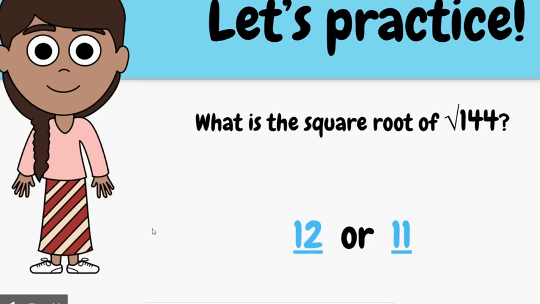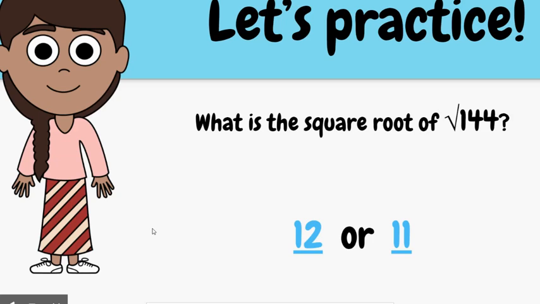If you're feeling a little advanced, I would love for you to try to utilize your calculators and try to figure out the square root that way.